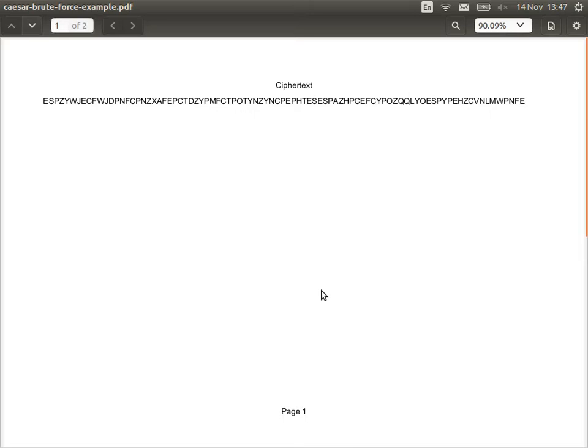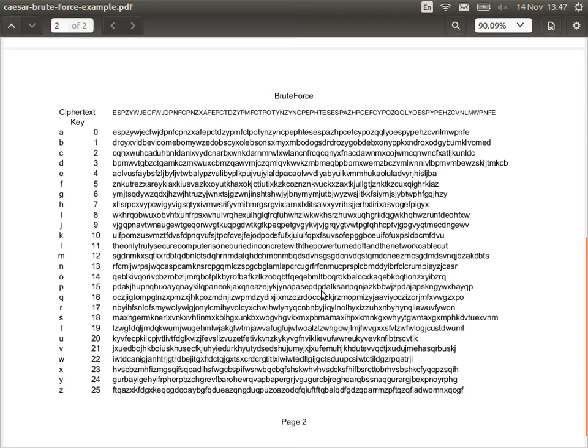It's small up here, but it was using English as input plain text, and here's the ciphertext as output. So as the attacker, you have this. You want to find the plain text, but you don't have the key. So you try all keys. Key from A through to Z, or 0 through to 25, and I've done that on that ciphertext, and these are all the potential plaintext, all 26 values. What's the key? If you can read some of that.